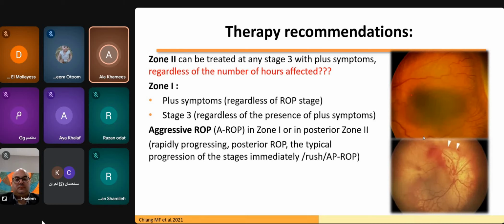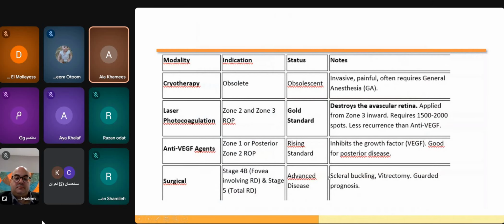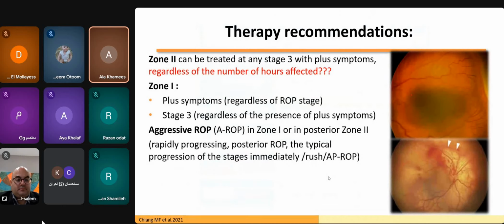Therapy recommendations for ROP patients. Usually, we treat zone 2 at any stage 3 with plus symptoms. Before that, we used to treat 5 consecutive clock hours of ROP or 8 scattered.